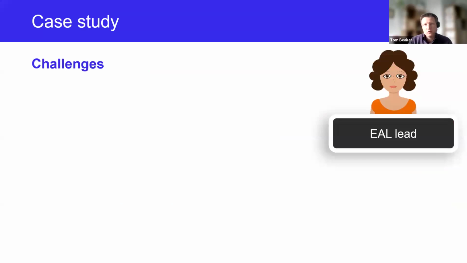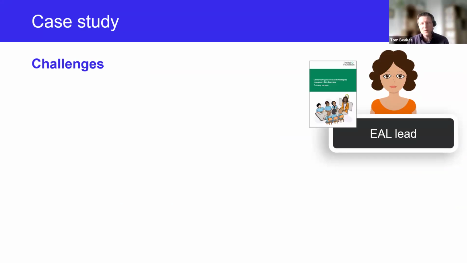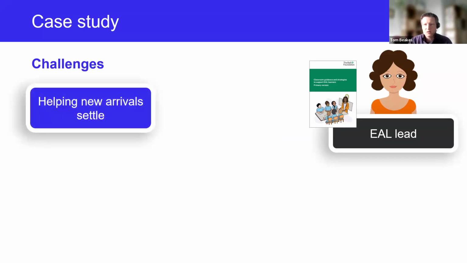So our resourceful new EAL lead then, let's imagine she has a skim read through our support strategies document, and based on some chats with the head teacher, she decides to prioritize 3 different areas. And she's using the principles laid out in the support strategies as a kind of guide or a sort of hook to hang these on. So the first one is making new arrivals feel more welcome and helping them get more involved in school life, which we can see links quite naturally to the social inclusion principle.